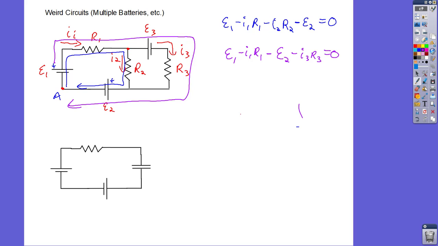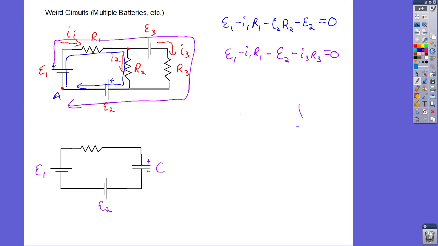The only other thing I wanted to mention was one of these capacitor ones. We didn't do a lot of these. So let's say that is E1, that is E2. Now if you're using the loop rule with a capacitor, you kind of have to know which is the positive plate and the negative plate. So if you're going this way, let's say this is positive and that is negative.